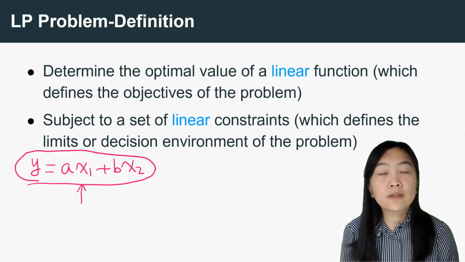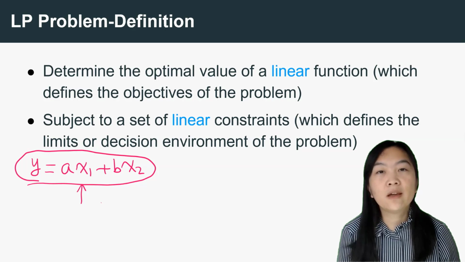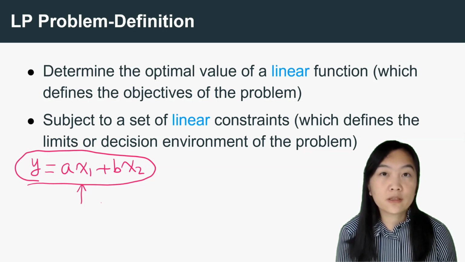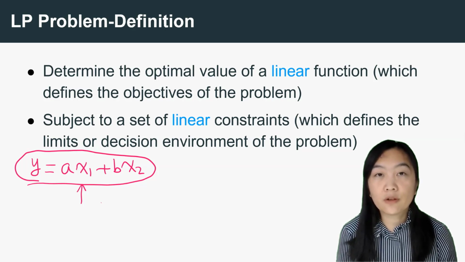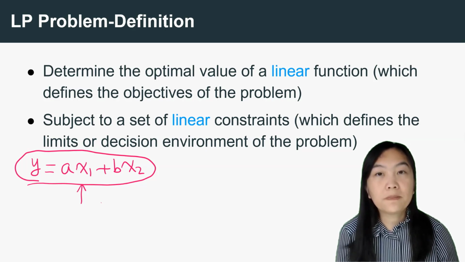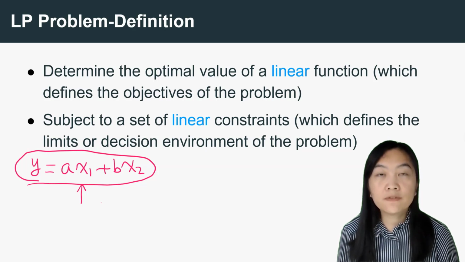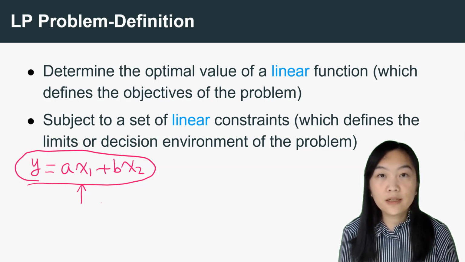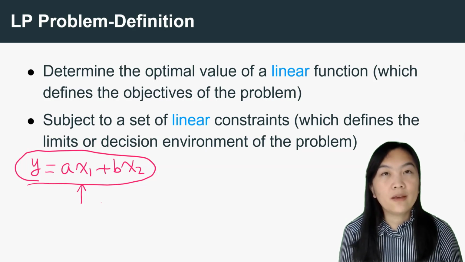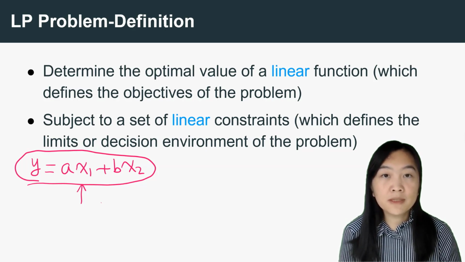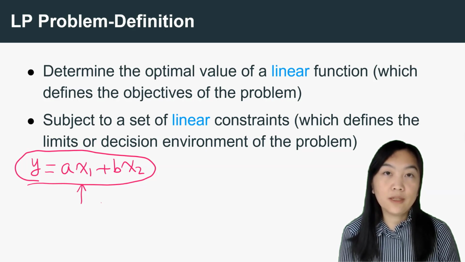In the previous lectures, we already used a different method, which I call the classical optimization method, to find the optimal value of a function, but it's not necessarily linear. Here, the objective function is linear, and there are also constraints. In a linear programming problem, the constraints are also linear.